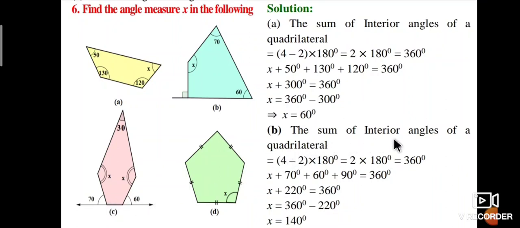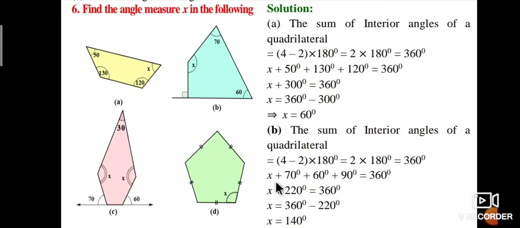The sum of the interior angles of a quadrilateral is (4 minus 2) into 180 degrees, that is 2 into 180, that is 360 degrees. Therefore x, 70, 60, and this one we find is 90 degrees. So x plus 70 plus 60 plus 90 is equal to 360 degrees.